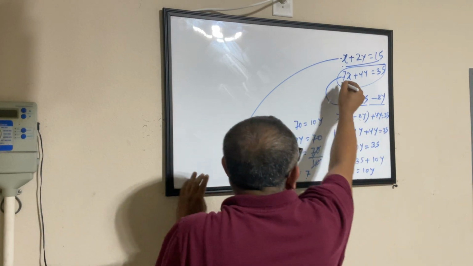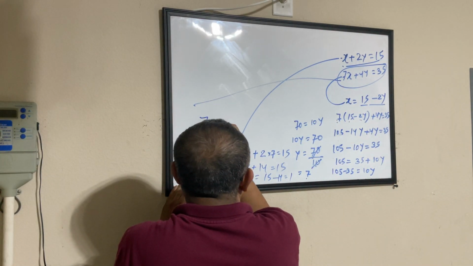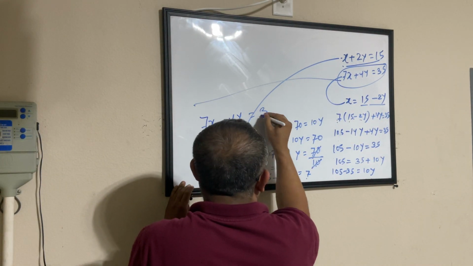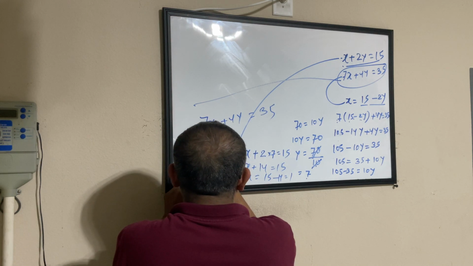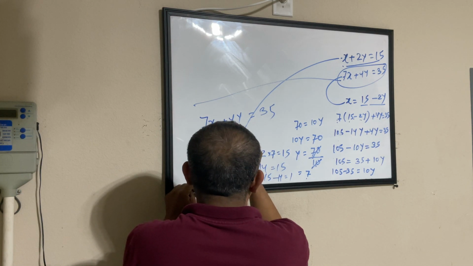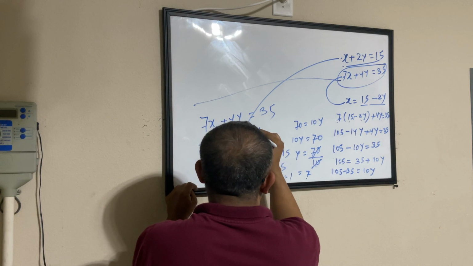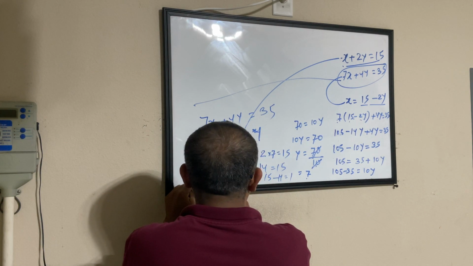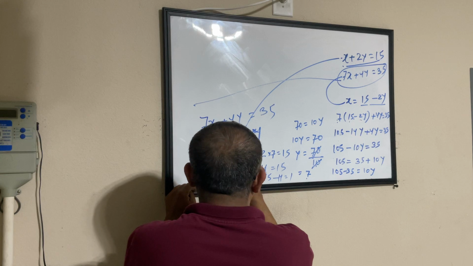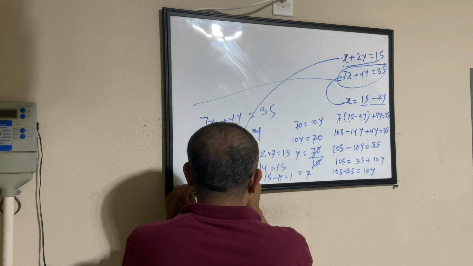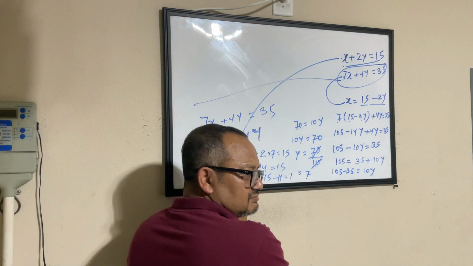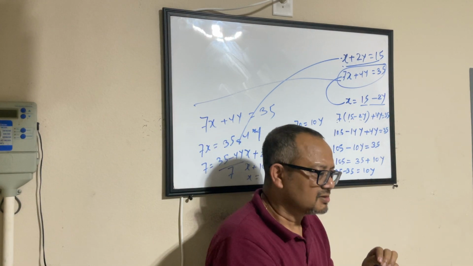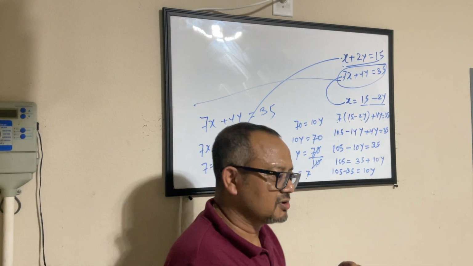If I try to take this one, 7x plus 4y equal to 35, and find the value of x, 7x will be equal to 35 minus 4y. x will be equal to (35 minus 4y) by 7. Problematic. Doesn't look cute anymore.